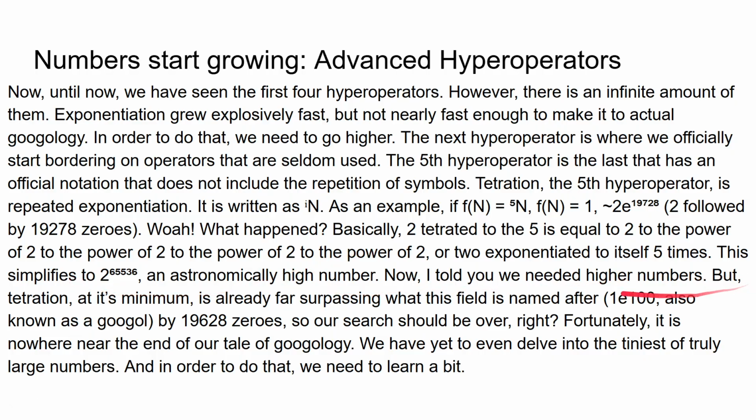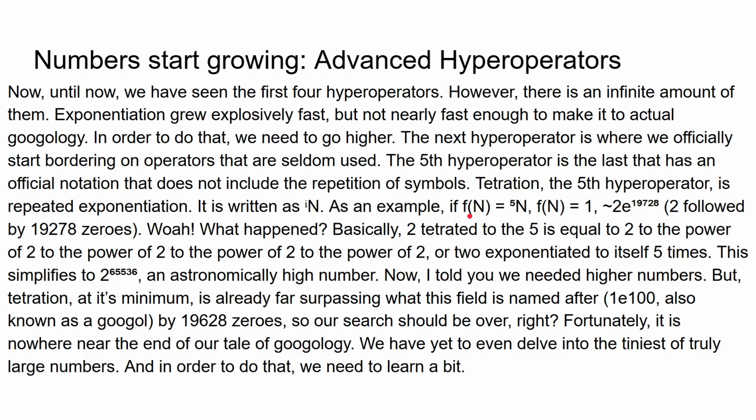So you would think that this is how far we need to be, the highest that we would ever need. No, it's nowhere near it. A googol is 19,628 zeros less than this, an astronomically large amount.